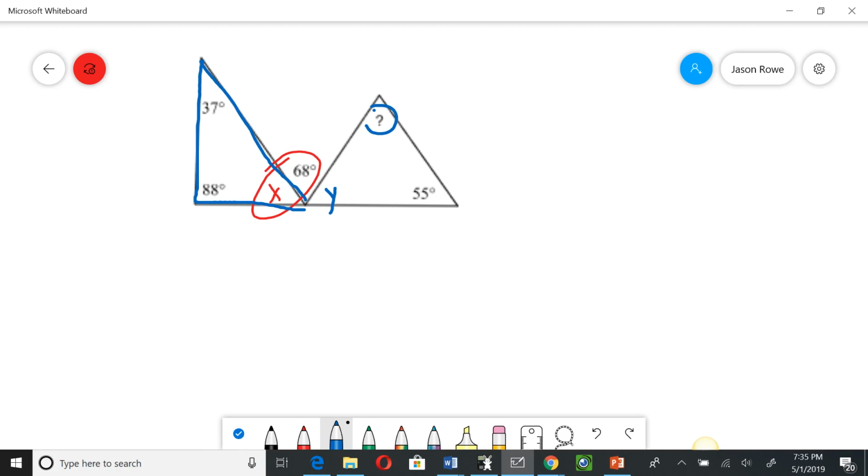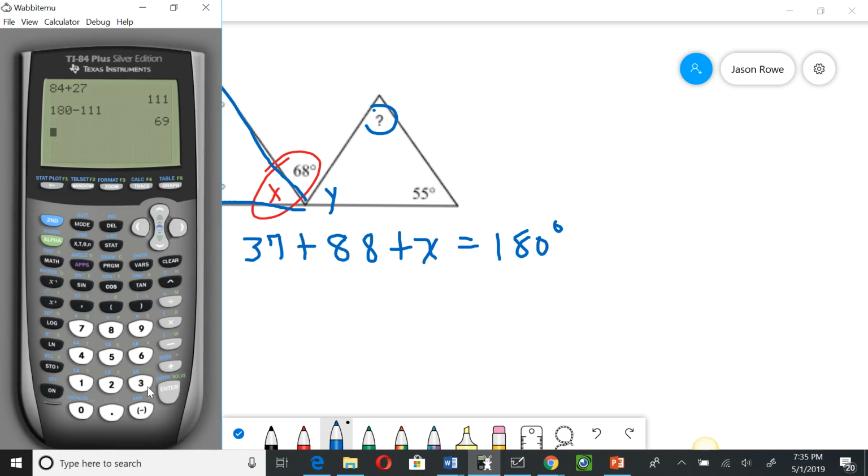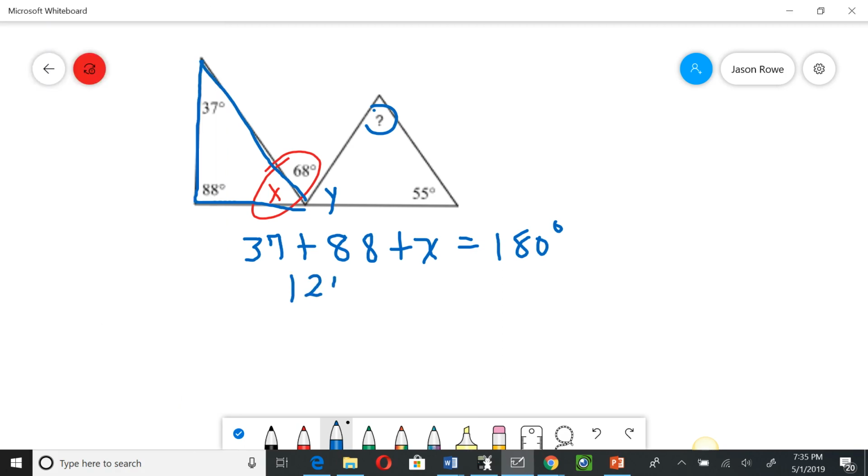And we've got 37 plus 88 plus x will have to equal 180 degrees. So we're going to add 37 and 88 together. That's 125 degrees.